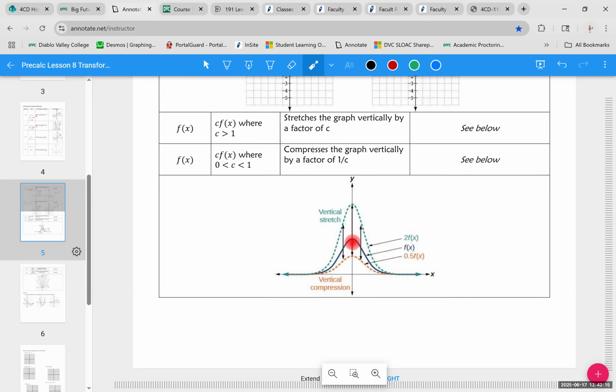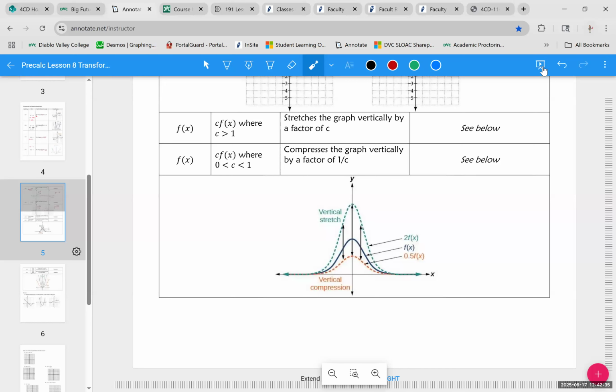Instead, it's almost like you're going to take your hand and pull this part up, leaving this part still down here, or push that part down, leaving the rest of it the same.